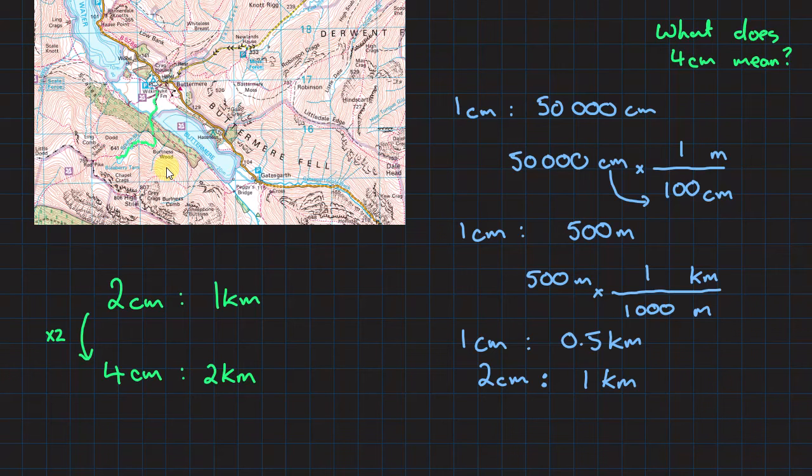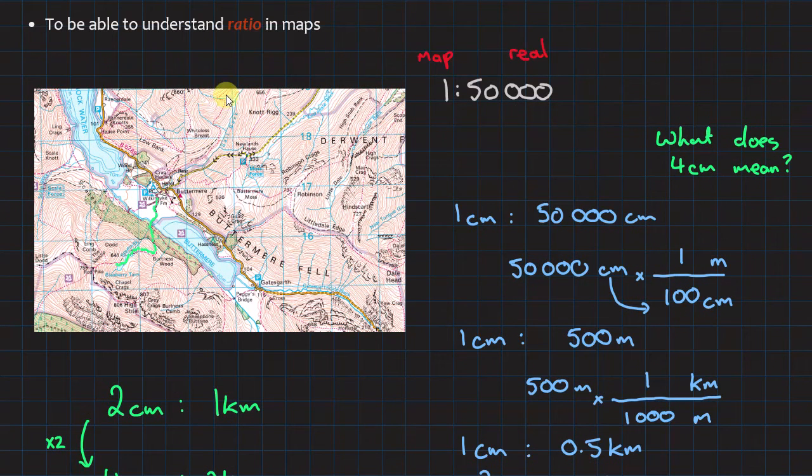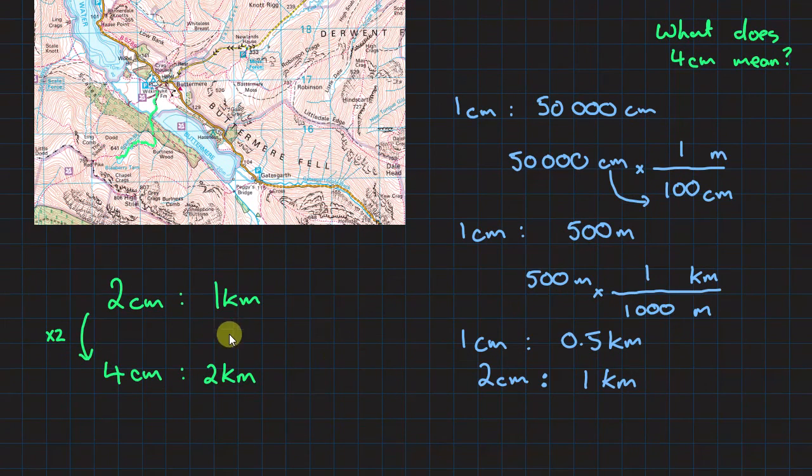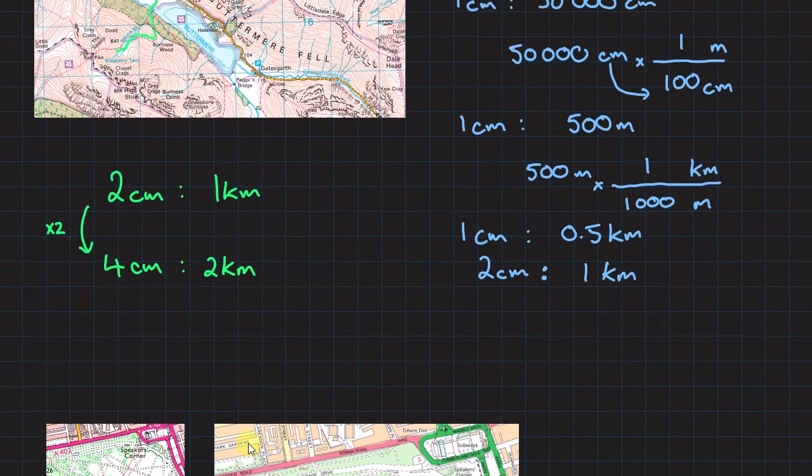Okay, let's take a distance on the map. So if I was to walk up this way, I know this path quite well as well. It goes all the way up to a point somewhere up here. And that path there, I know is 7 kilometres. So we've got a new question. We'll come on to these 2 maps in a moment. I'll just move them out of the way.